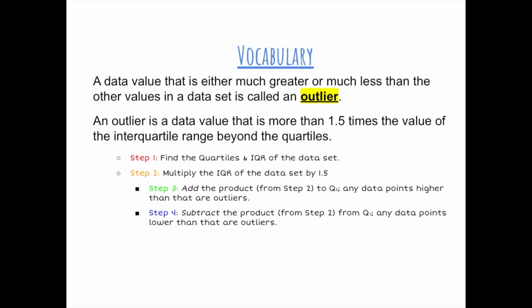If there's any number greater than that, it's considered an outlier. Then we want to subtract this answer from quartile 1. If there's any data point lower than that number, then that's also considered an outlier. You can have multiple outliers, you can have one outlier, and you can also have no outliers.